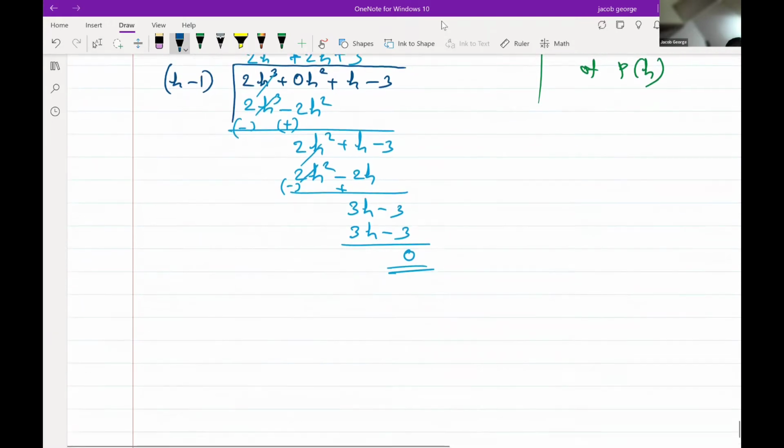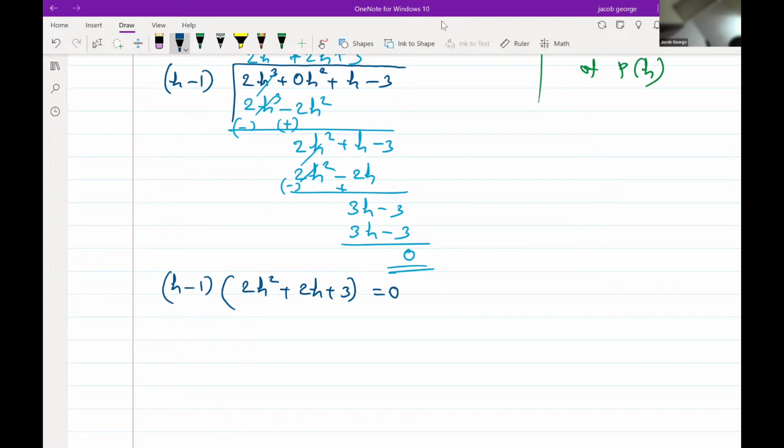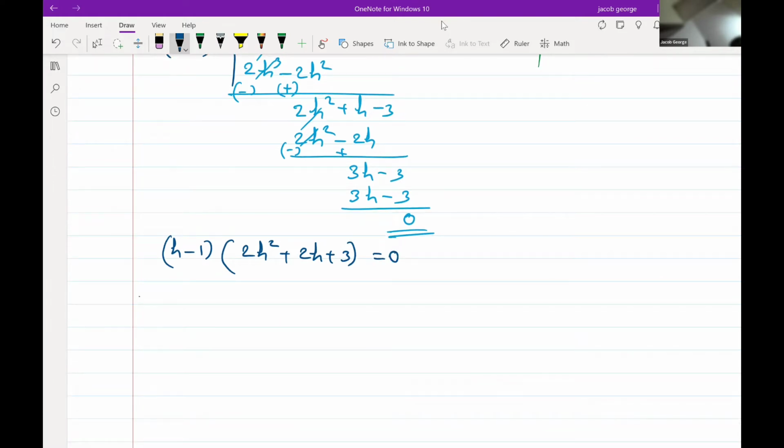So here we got h minus 1 into 2h square plus 2h plus 3 is equal to 0, where h minus 1 is the first factor. So from there, h minus 1 is equal to 0 means h is equal to 1 is one of the roots of this polynomial.